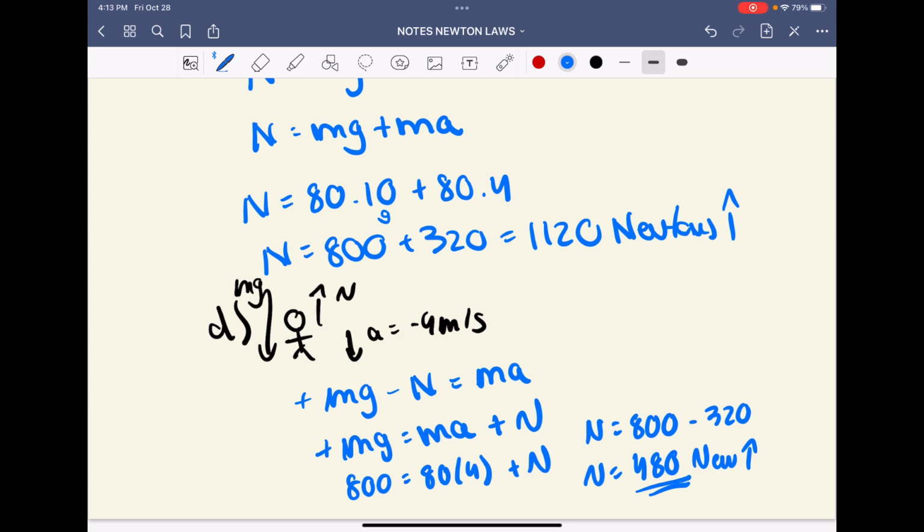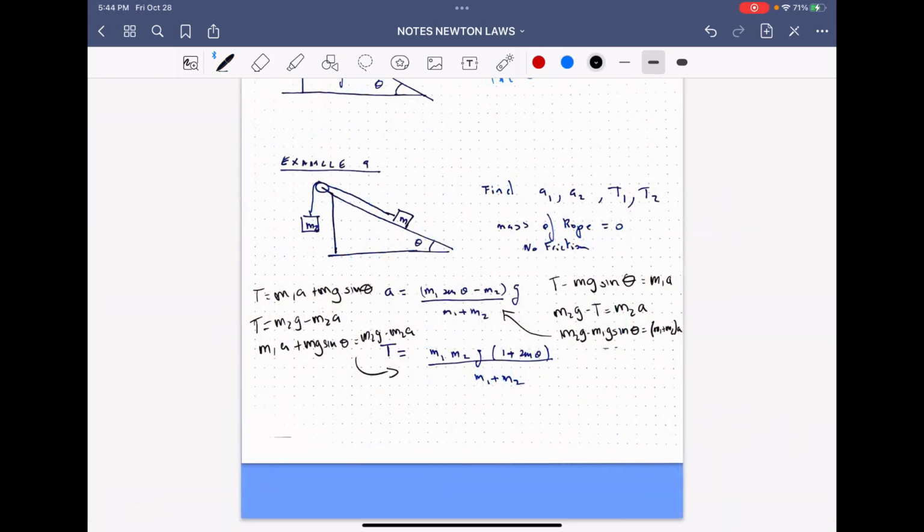Since I chose a to be in the positive direction, this is for positive. So N is going to be 480 newtons in the up direction. Since mg is higher, this is going to produce an acceleration that's in the downward direction, basically. All right, so this is example 9 of Newton's laws.